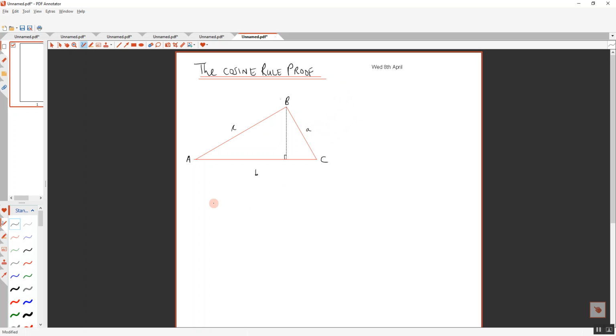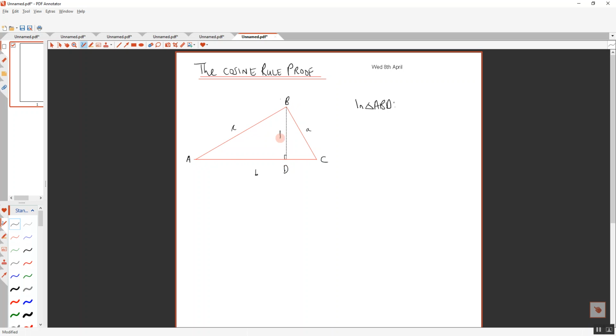And what we're going to start off by saying is that in triangle ABD, so in triangle A, B, and we're going to label this point D, I know that this side is c.